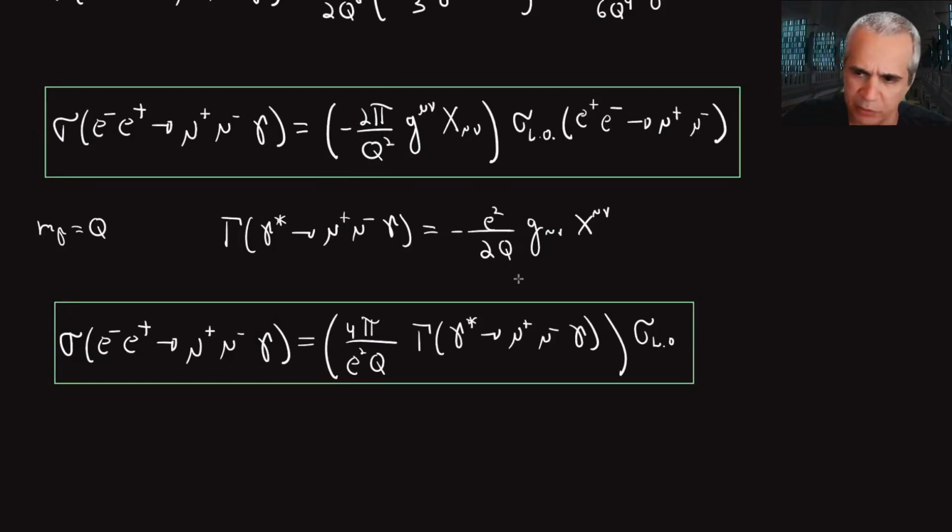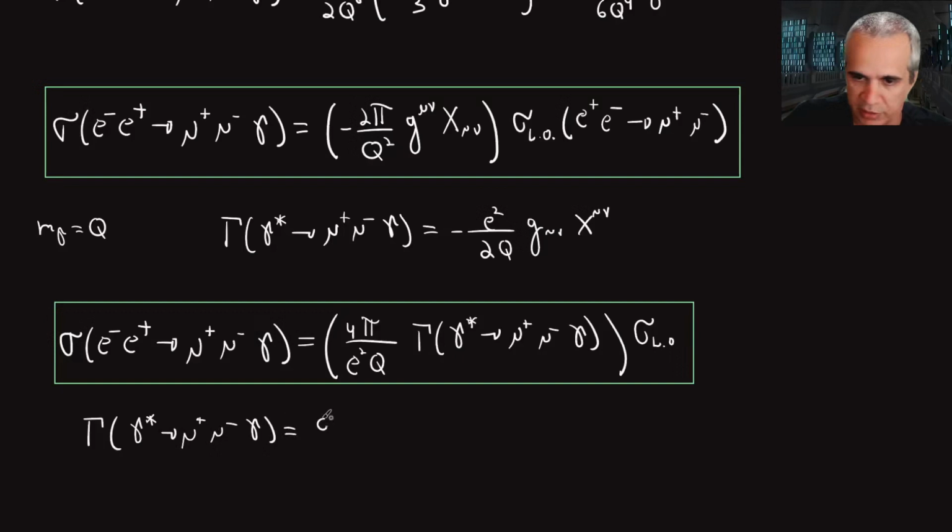And that's useful because now I can use all the technology that people have developed for calculating three-body decays to calculate this part of my cross section, right? So this guy, I can just go back and read it off from the previous expressions.